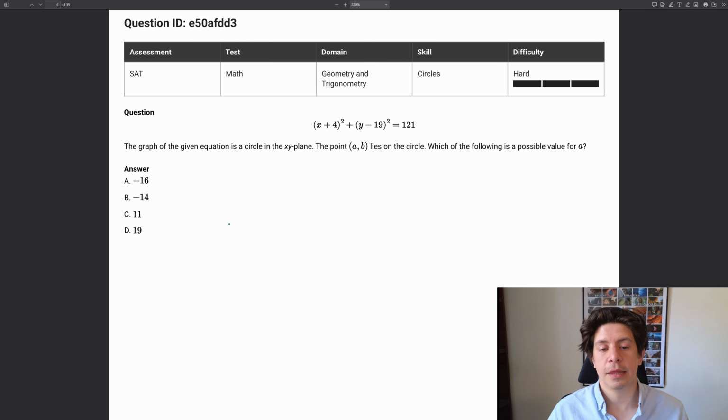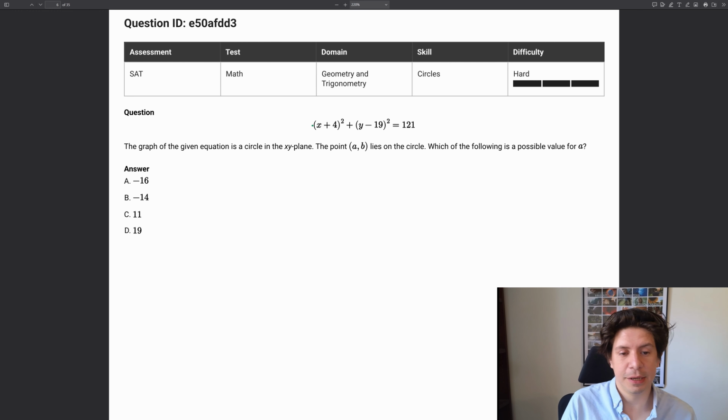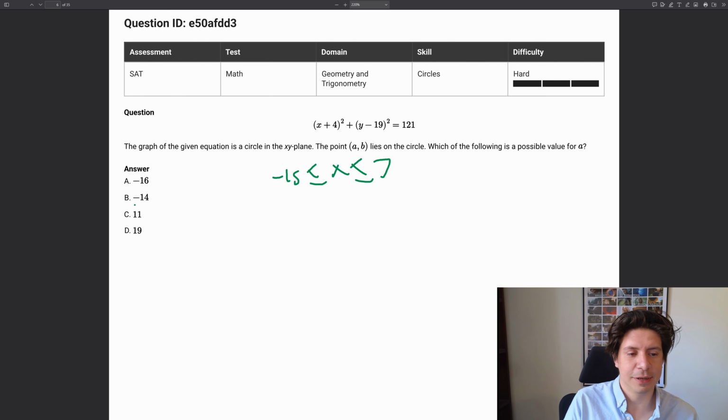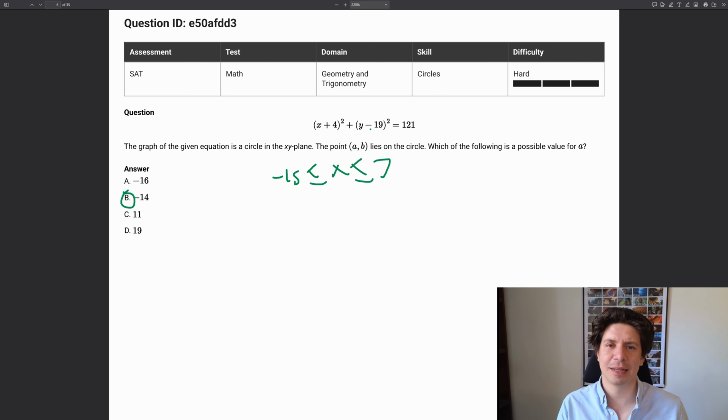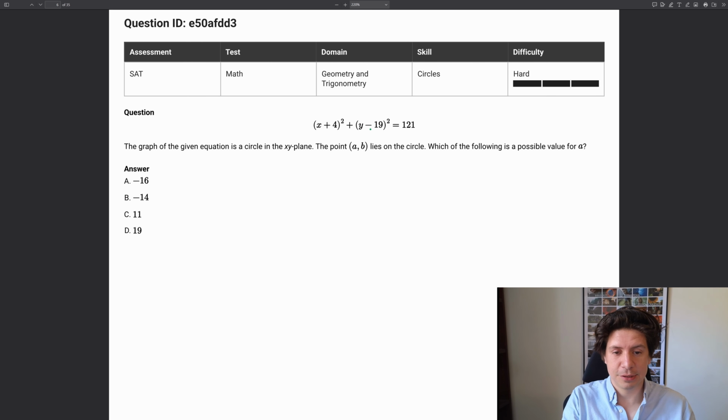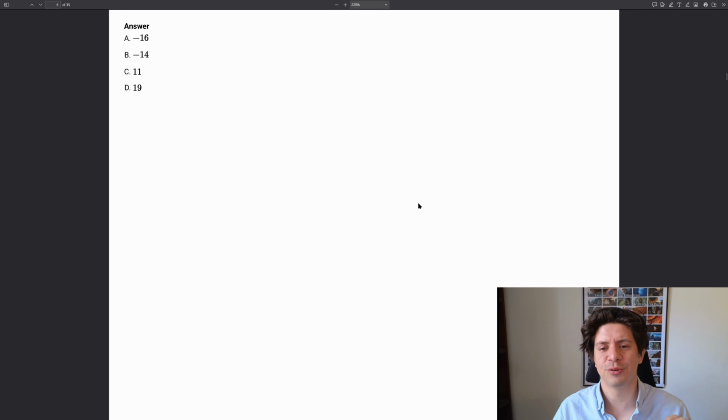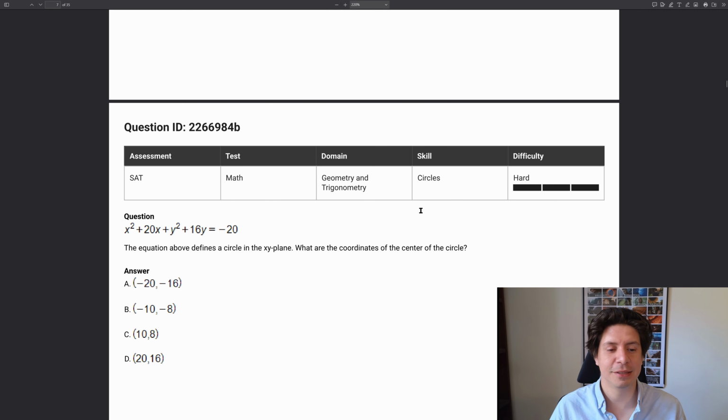So the only one that fits between -15 and 7 is B, -14. Okay, you could also do it algebraically, but I think Desmos makes it very quick. Let's go on to the next one. And these are hard. So do you see, even with hard questions, you can make them easy on yourself.